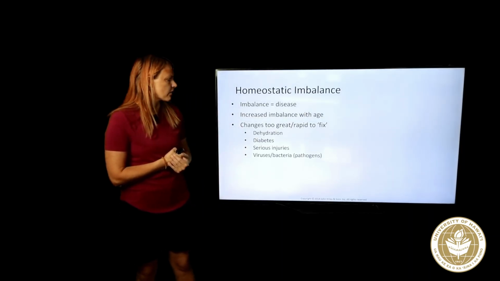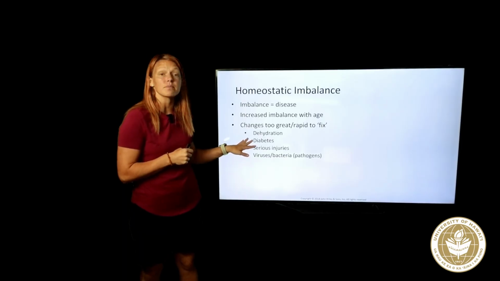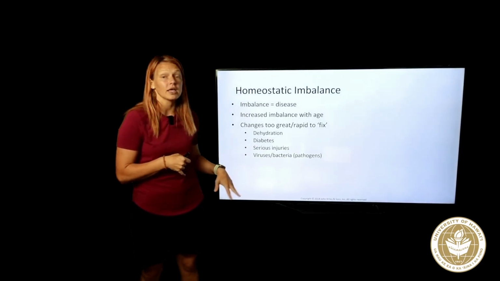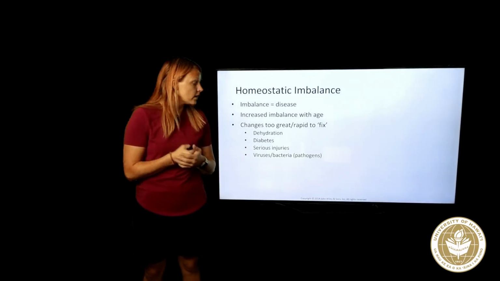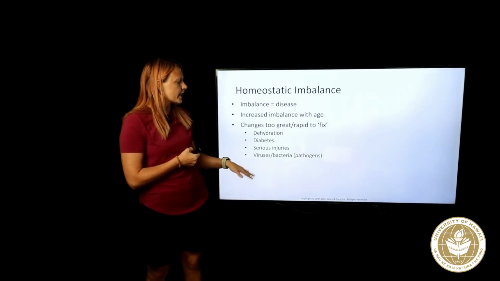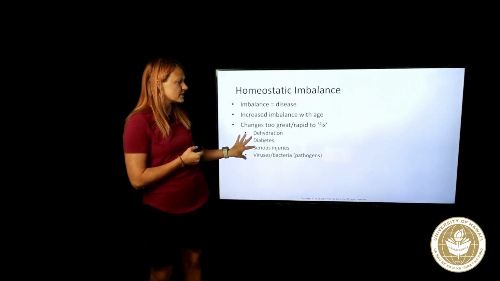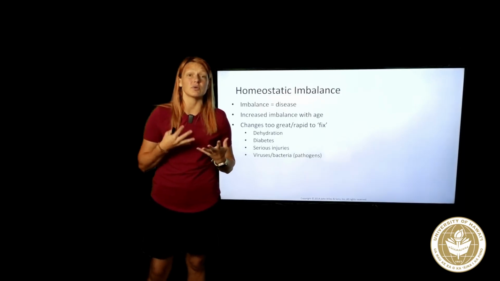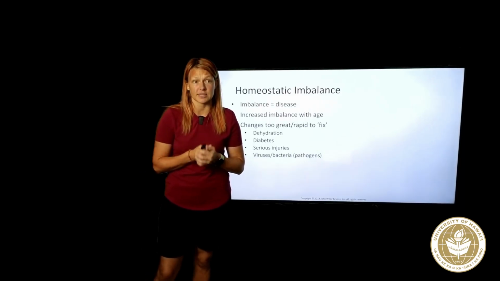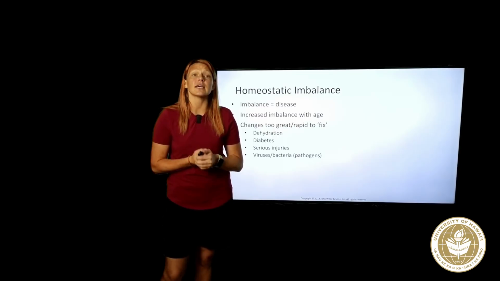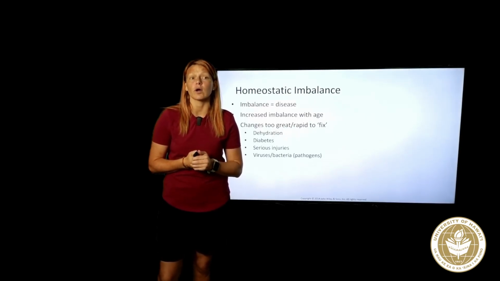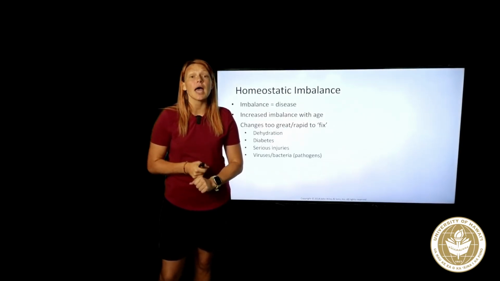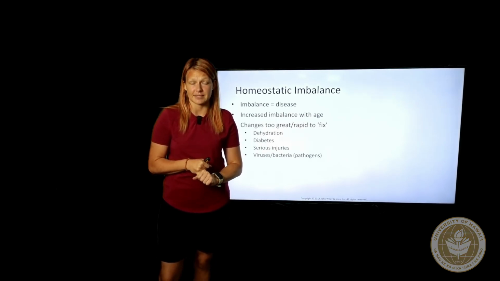You probably heard of other changes, things like diabetes, dehydration, even drinking too much water too quickly, viruses and bacteria, other pathogens. So these are some examples where sometimes our bodies just aren't able to get back into homeostasis. So hopefully in this lecture, you've learned a little bit more about body organization and the importance of homeostasis.